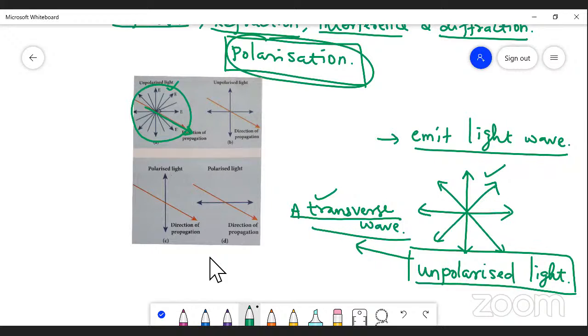Suppose the vibrations of light exist in only one direction in a plane which is perpendicular to the direction of the propagation of a wave, then the light is called polarized light, or otherwise called plane polarized light.